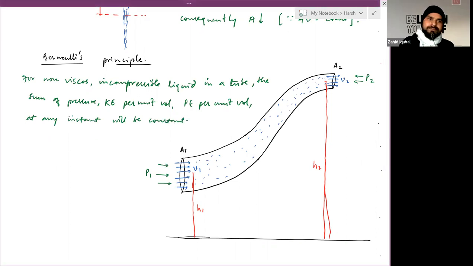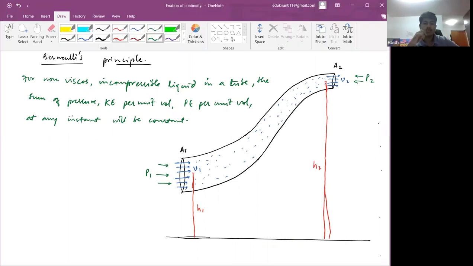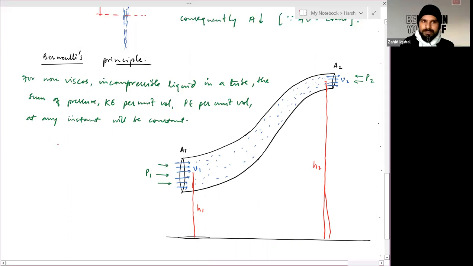Is it clear? Yes, sir. So you may write these particular terms as the limitations of Bernoulli's principle. You may be asked, what would be the limitation or essential condition for this principle? First, the liquid should be non-viscous. It should be incompressible.